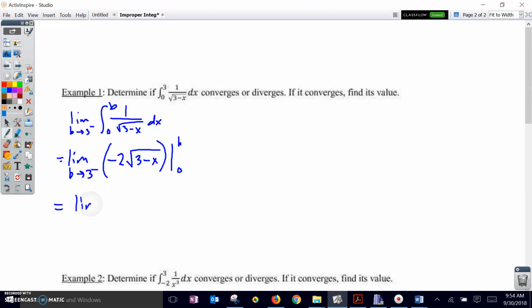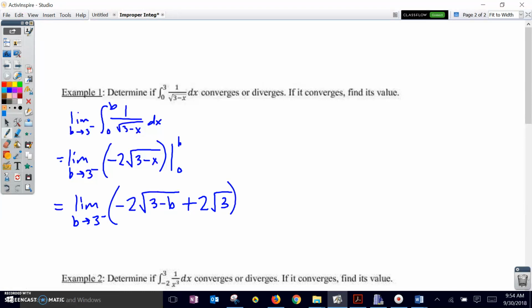So we've got the limit as b approaches 3 from the left of negative 2 square root of 3 minus b, minus negative 2 square root of 3 minus 0.